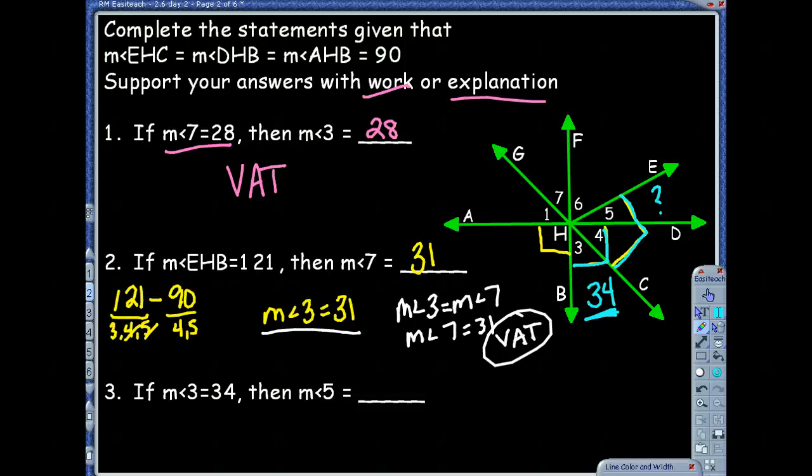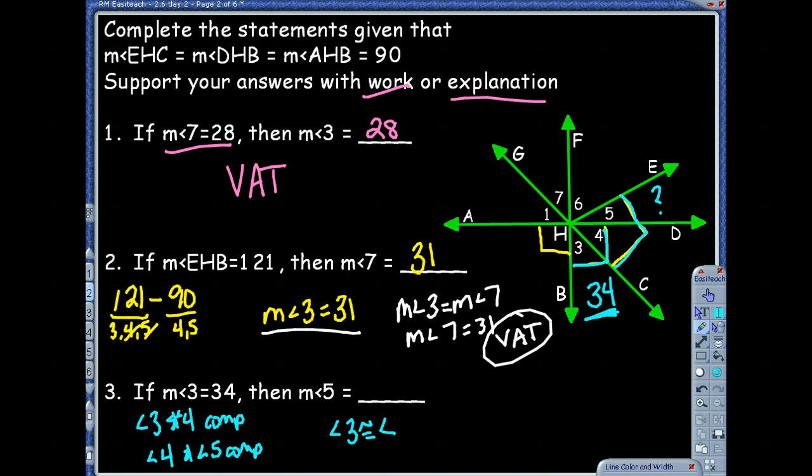So I'm seeing angle 3 and angle 5 are going to be complementary to the same angle. That means angle 3 and angle 5 are congruent.